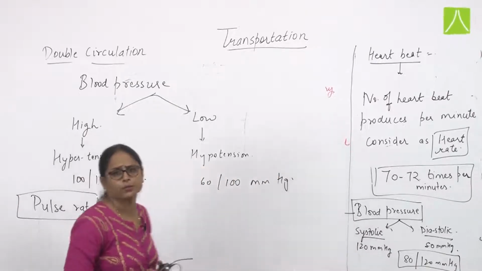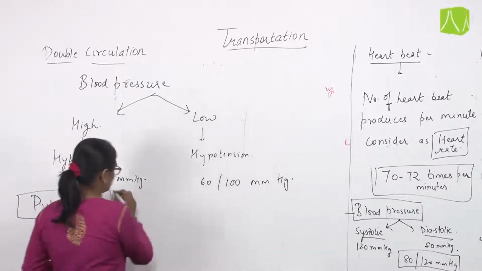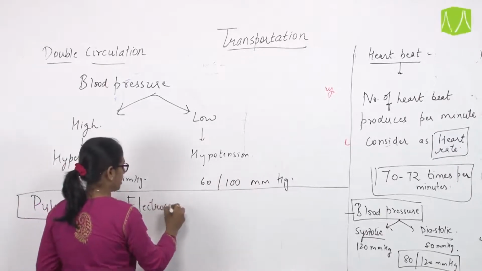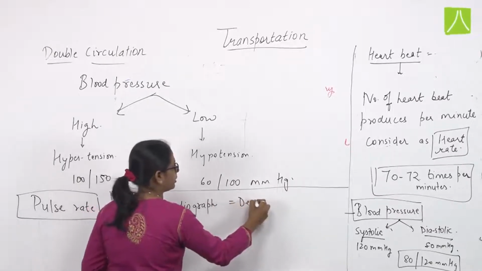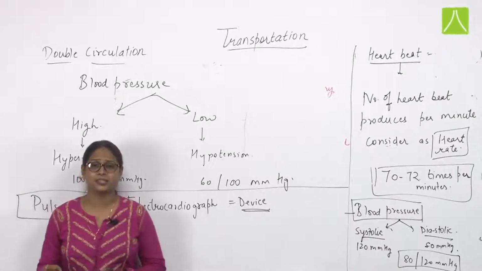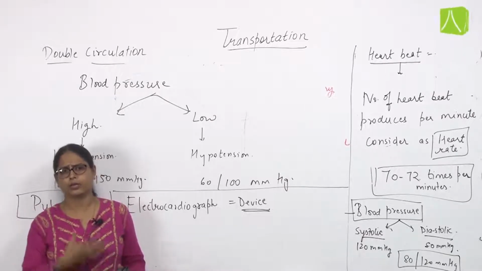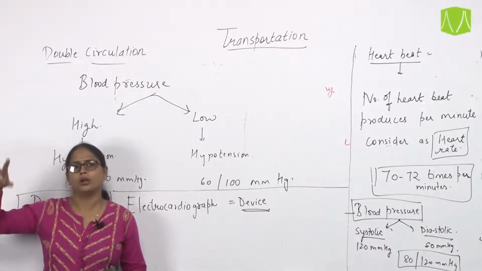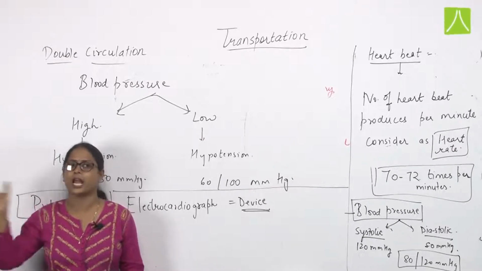There is another device used to diagnose the proper working of the heart, the electrocardiograph. This is an electrical machine through which certain electrical wires are placed on our thoracic part, and they observe the signal produced on the computer screen attached to that device.